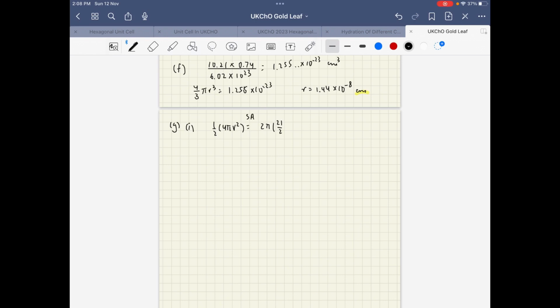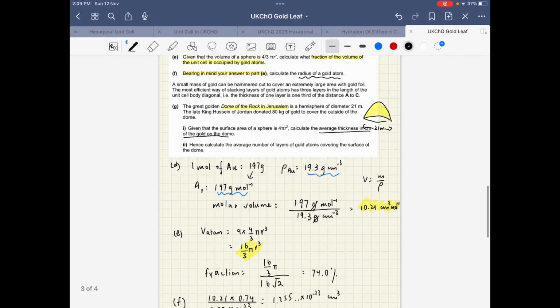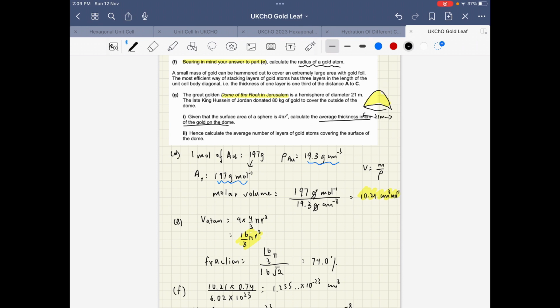So the surface area is 2 pi times 21/2 squared, and this will give me 692.72 meters squared.